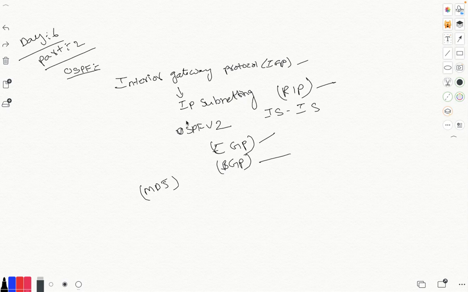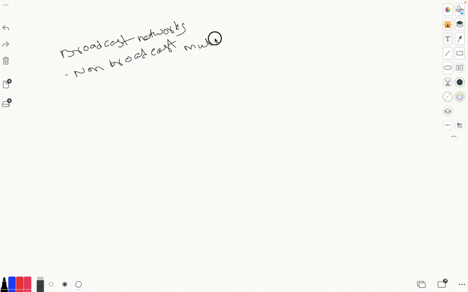These are the three different media types in OSPF.